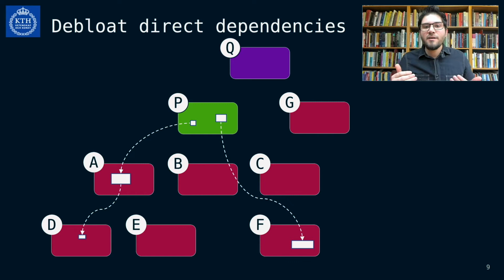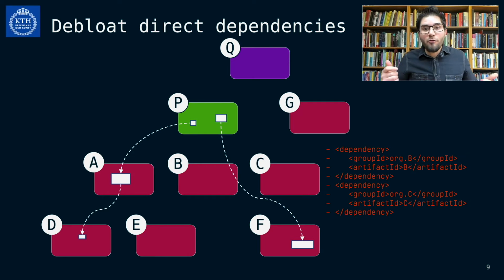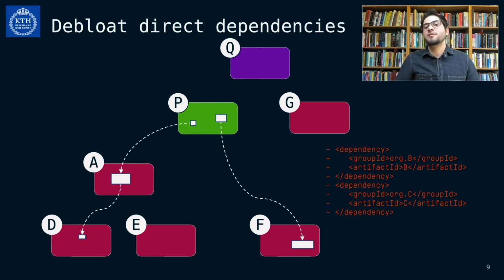In this example, there are two sets in P. One of them uses a subset of dependency A, and the other uses the dependency F. And as we can see, the project P doesn't use the direct dependencies B and C, so we can remove these dependencies from P. To do so, we just need to remove a couple of entries in the dependency declaration in the POM file of project P.